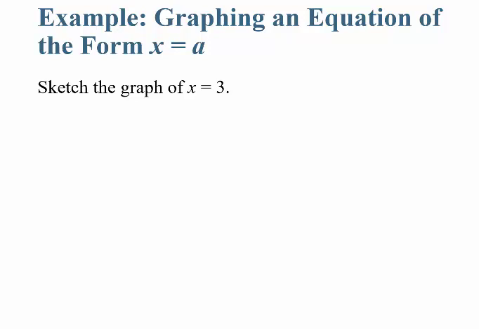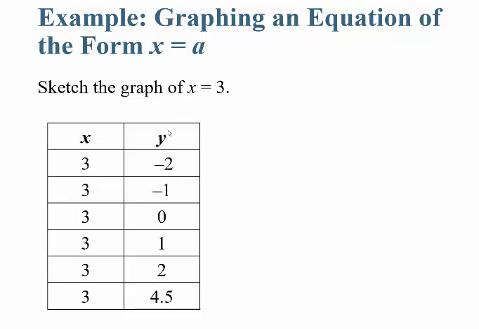Now I want to talk about what we call horizontal and vertical lines. Suppose I just give you this: sketch the graph of x is equal to 3. That's all it is. Well, this doesn't look like that y is equal to mx plus b stuff. The way you'll do this is you'll pick your table, with my x variable and my y variable. Let me pick some y numbers: -2, -1, 0, 1, 2, 4.5.